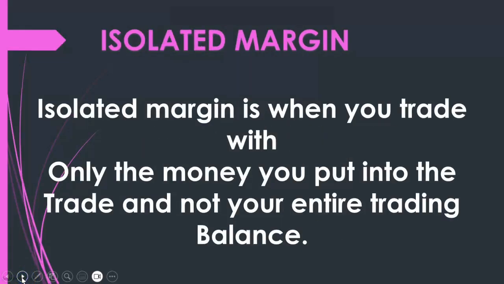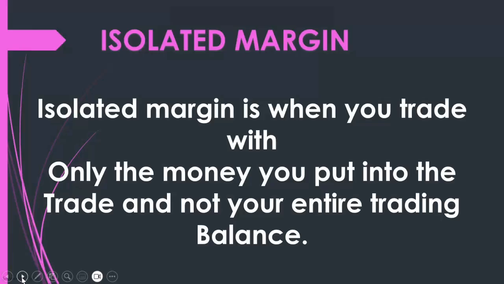Isolated margin is when you trade with only the money you put into the trade and not your entire trading balance, right? Now let's assume that you have $500, for instance, and you're using $50 to trade. Once that $50 has gone, you've lost that $50, your market automatically closes.